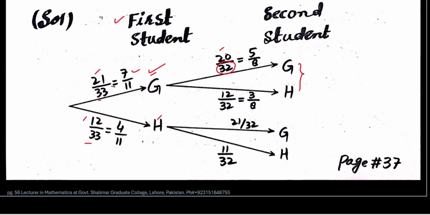So now remaining students who read geography are 20 out of 32, that is 5 over 8. This branch is for geography students. So for this branch I have not chosen a student who reads history. So students who read history are 12, but the total is changed, that is 32. So at this branch, probability of a history student is 3 by 8.